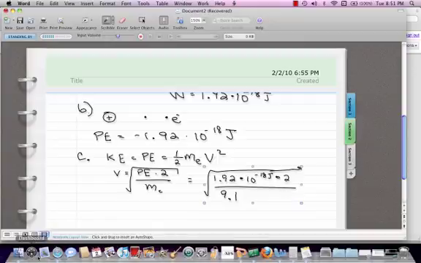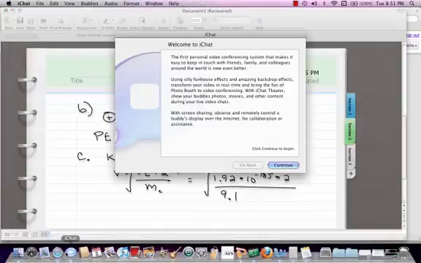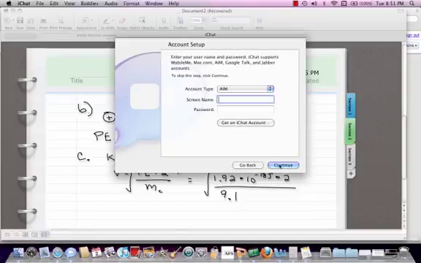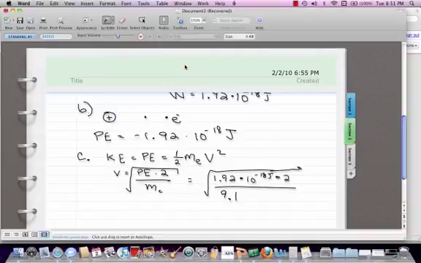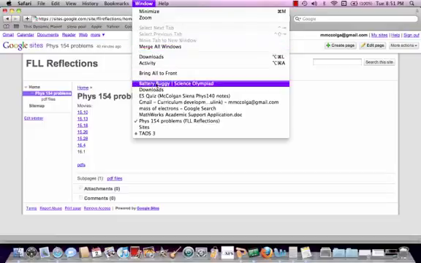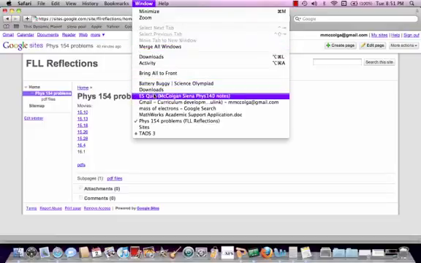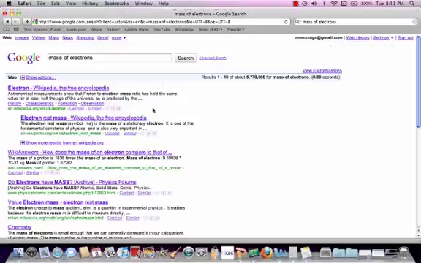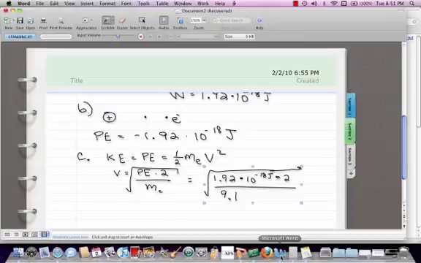I looked this up: the mass of an electron is 9.10938 times 10 to the minus 31 kilograms.